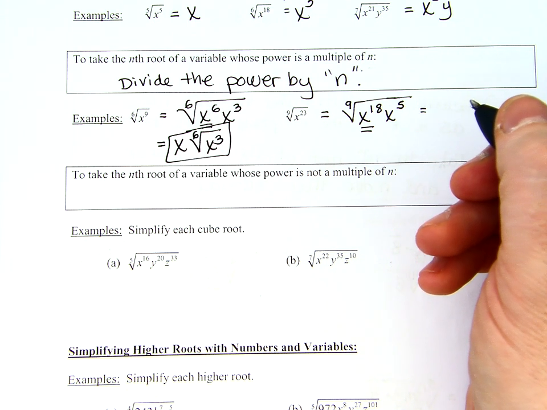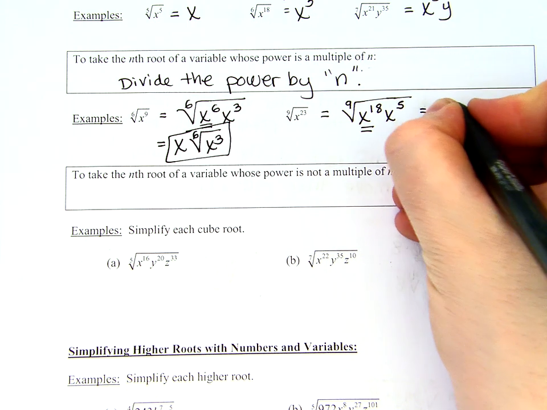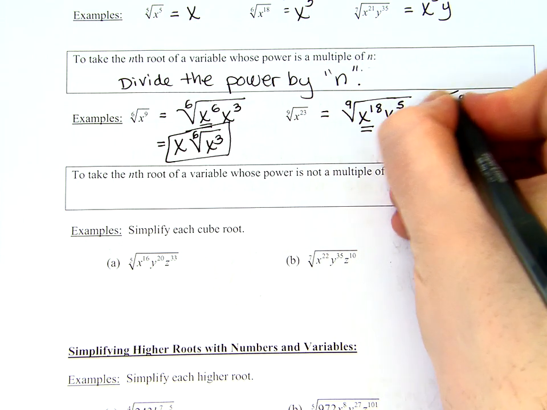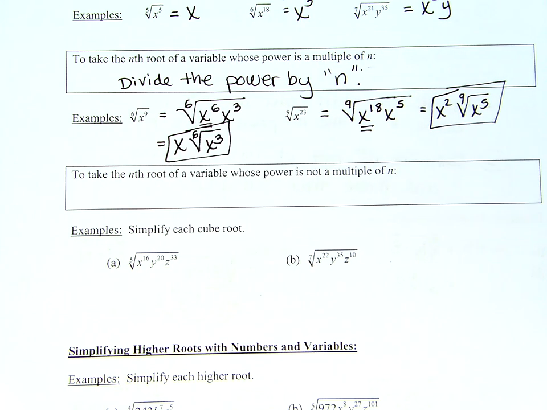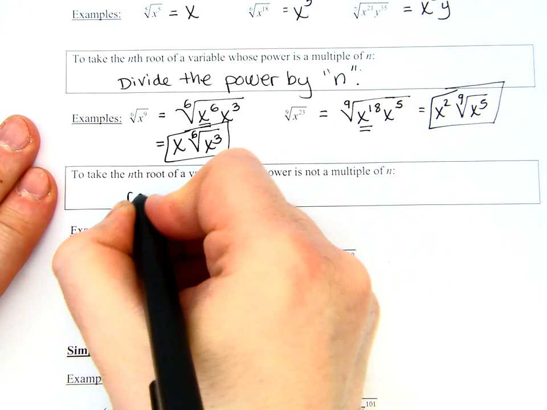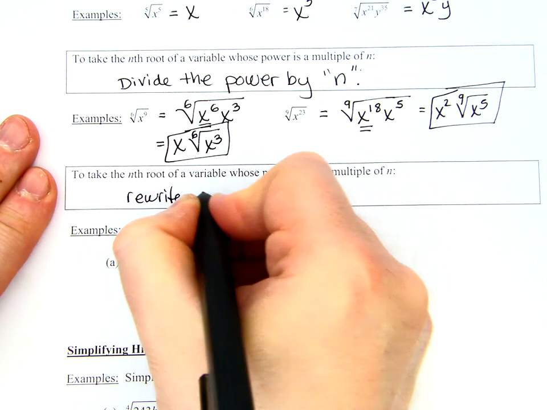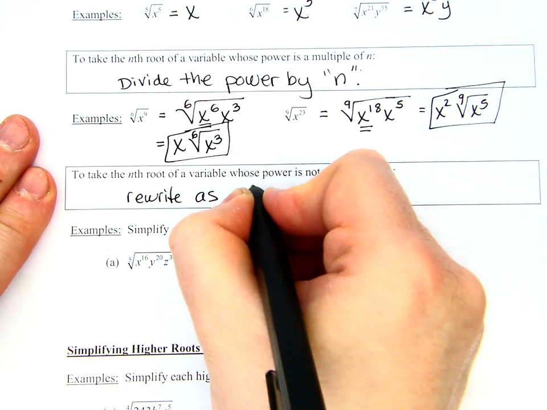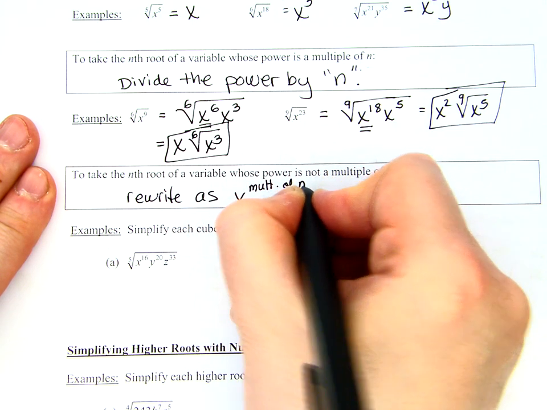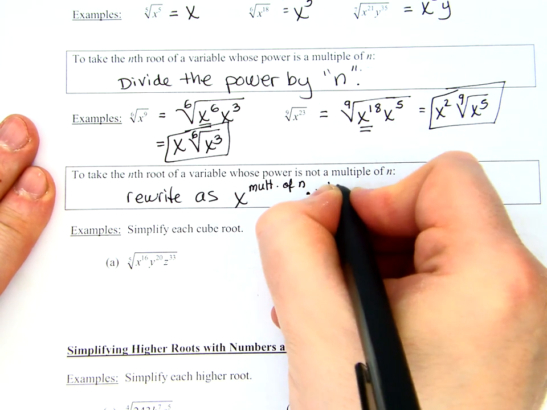X to the 2nd, x squared. X squared times the 9th root of x to the 5th. So if our power is not a multiple of the type of root, we're going to rewrite as x to a multiple of n times x to the leftovers.